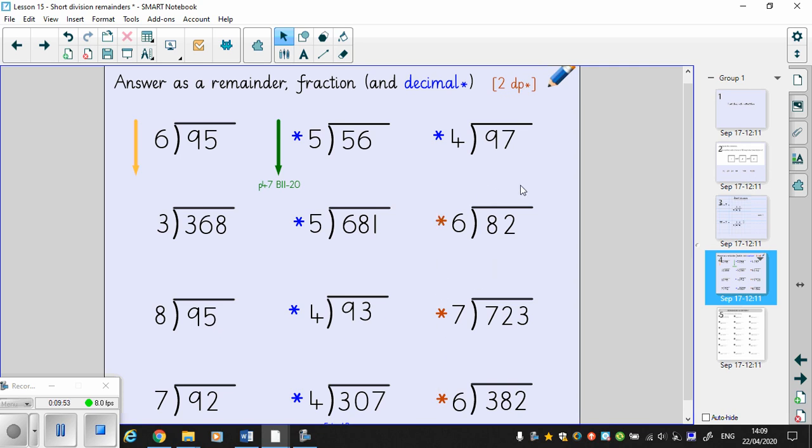So with the brown star, you'll need to go to 3 decimal places and then round it. So the brown stars are the hardest ones, but everything from here onwards needs to be worked out as a decimal. All of them as a remainder, all of them as a fraction.